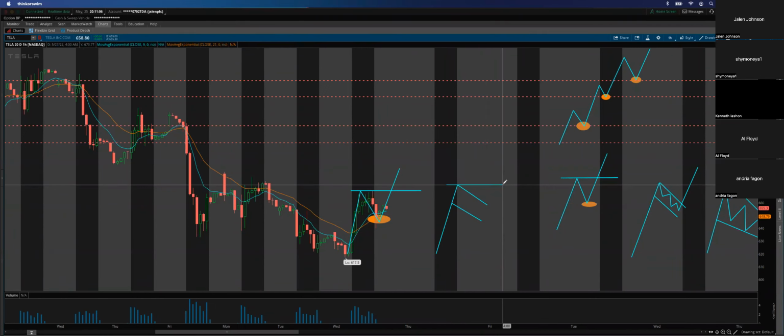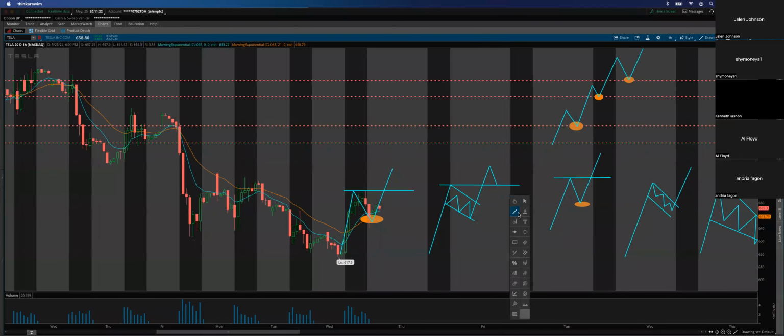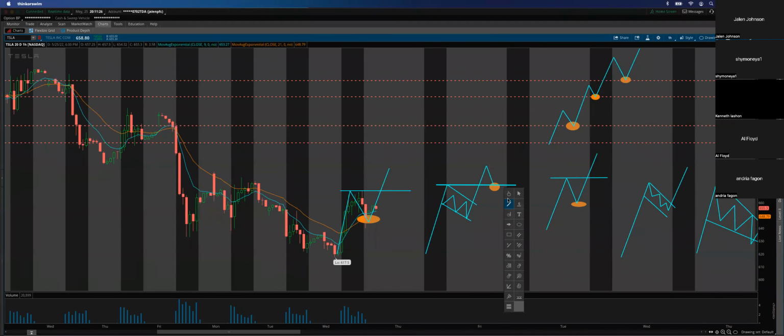What I like to do is wait for a retest of that level, like this, and then I will buy it there. I never chase the impulsive move.